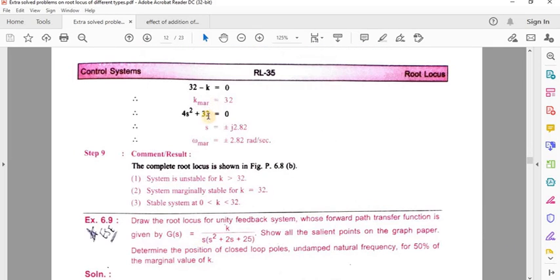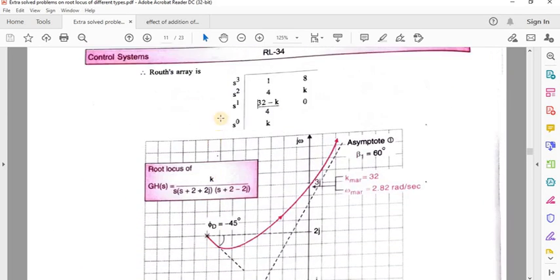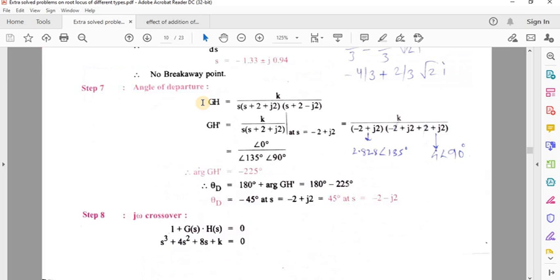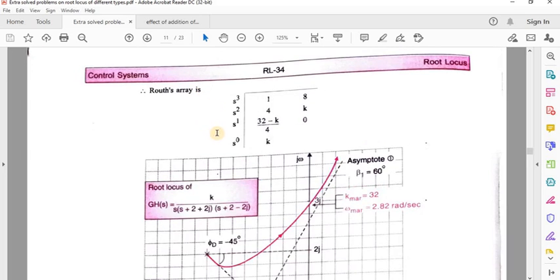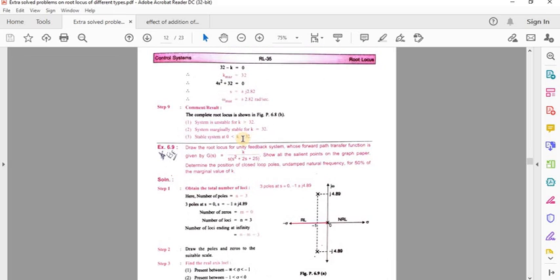I'll show you. Okay, one second, where they have given k less than 32 greater than 0.